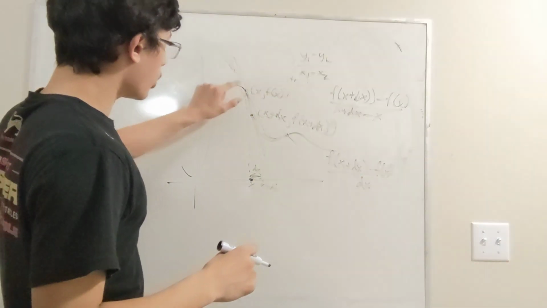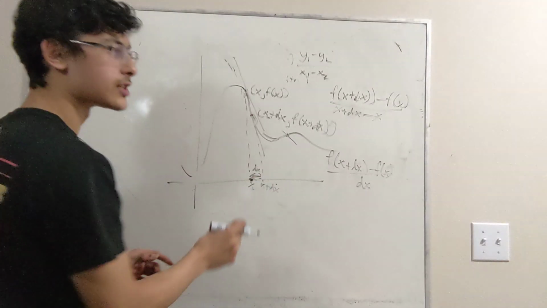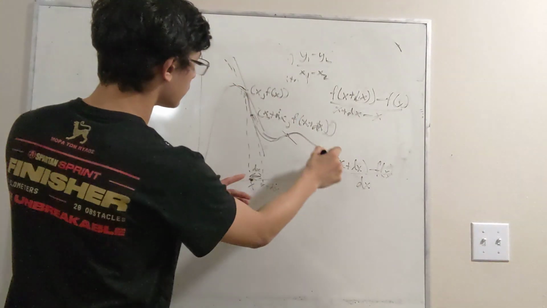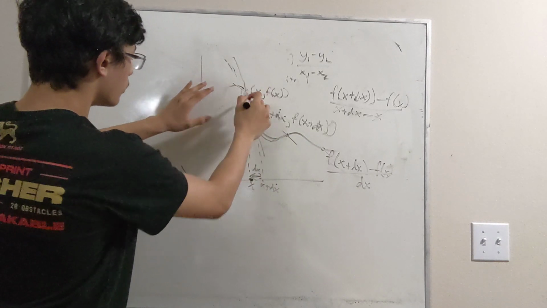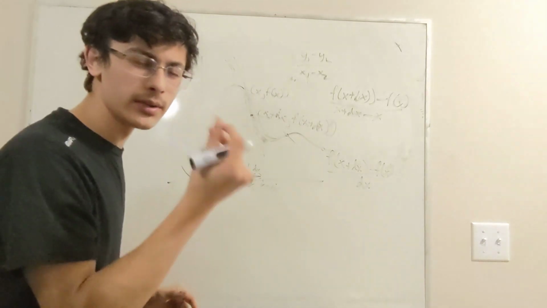And this is the slope of this tangent line when dx is really, really small. Because remember, when our other x was all the way over here, this line is kind of off. But as we bring this point closer and closer, we get closer to the actual line we want. So this is when dx is really, really small.